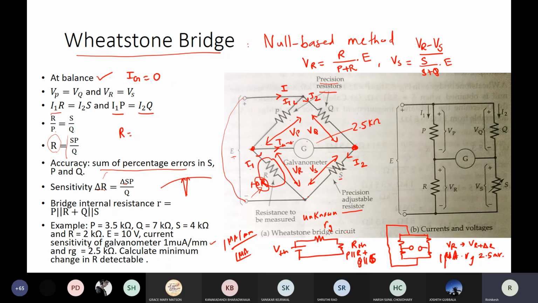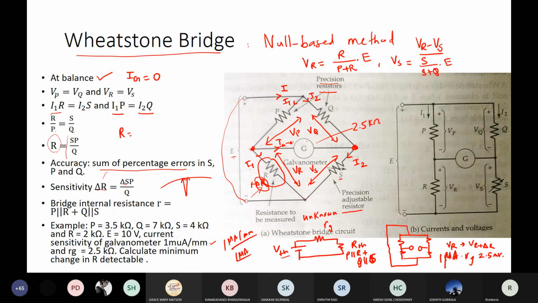But when we calculated the Thevenin equivalent resistance, that current will flow through the Thevenin equivalent resistance also, right? The current which is flowing through the galvanometer, isn't it? Yes. So you have to take into consideration the Thevenin equivalent resistance in series with the galvanometer.